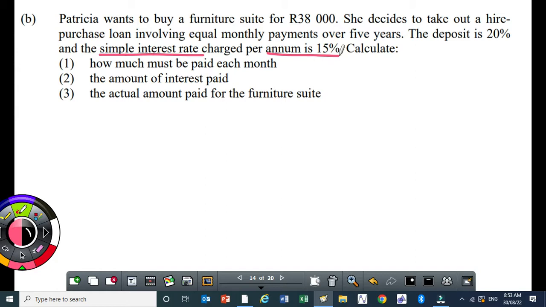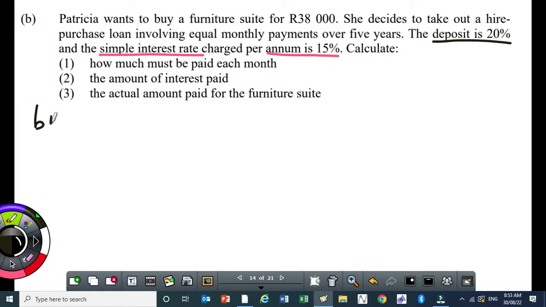Now, before we start doing that question, the first thing we need to know is how much money she borrowed. Because she paid a deposit of 20% of the cash price, she did not borrow the full 38,000. She borrowed 80% of the 38,000.